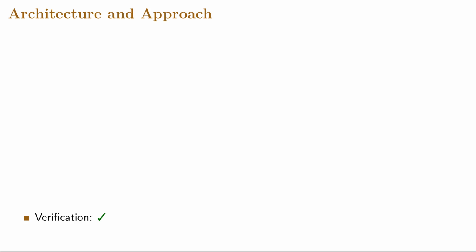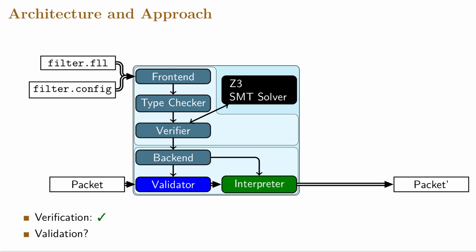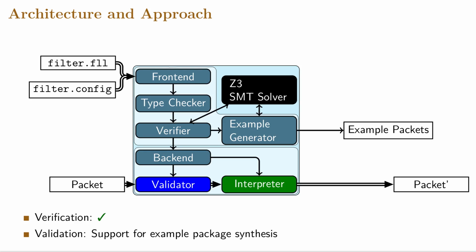So with that in mind, we support verification. We also have limited support for validation through a mechanism that allows us to synthesize example packets. I'm not going to go into that in too much detail.